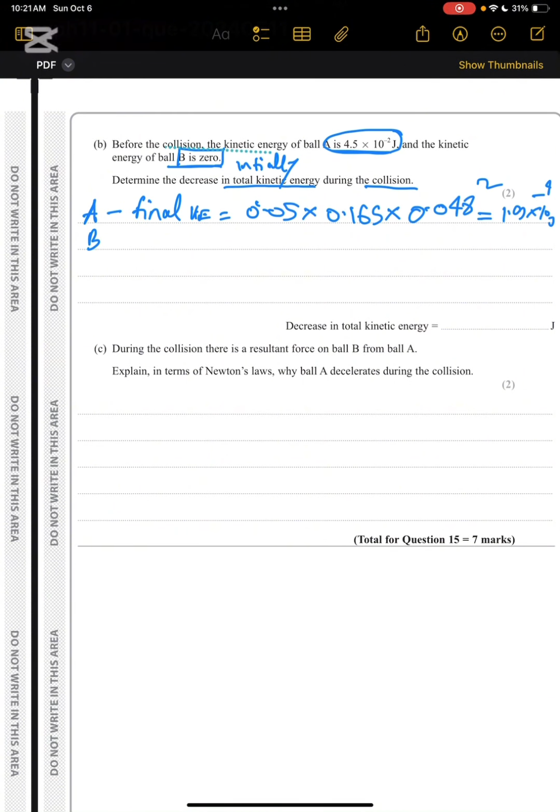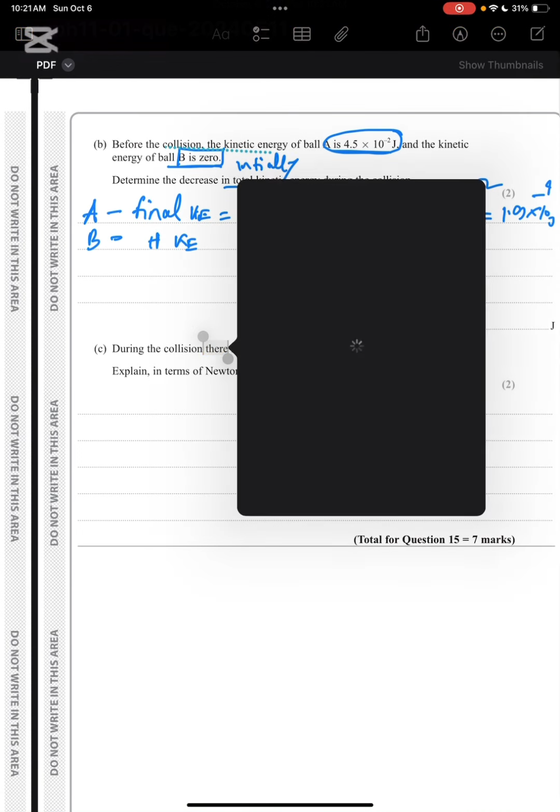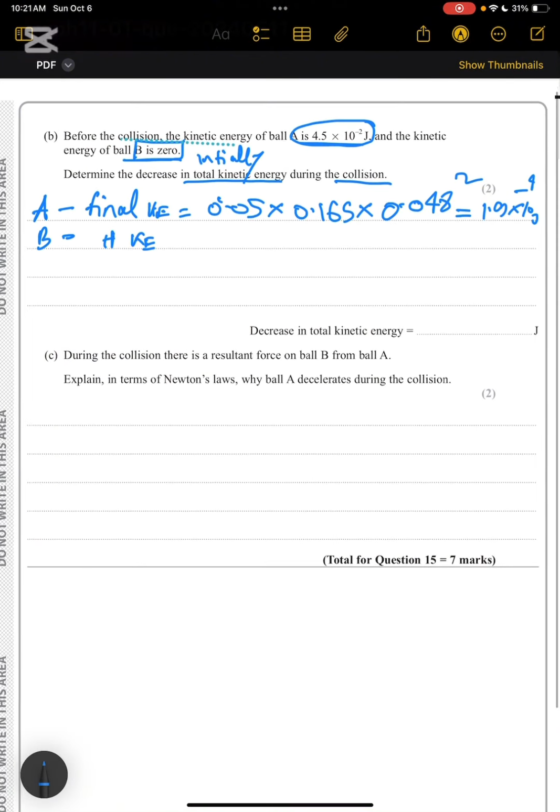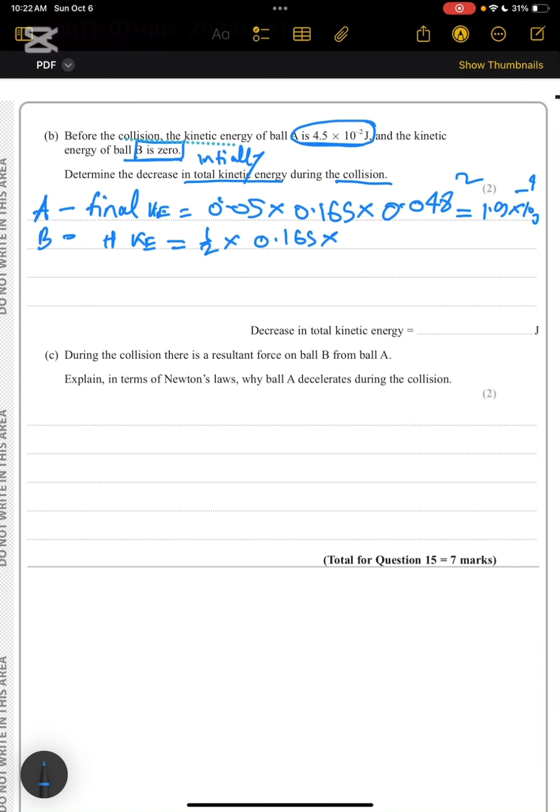And for B, final kinetic energy was half into 0.165 into its final velocity, which was 0.691 given on the question paper, is equals to 3.94 into 10 to the power minus 2 joule.